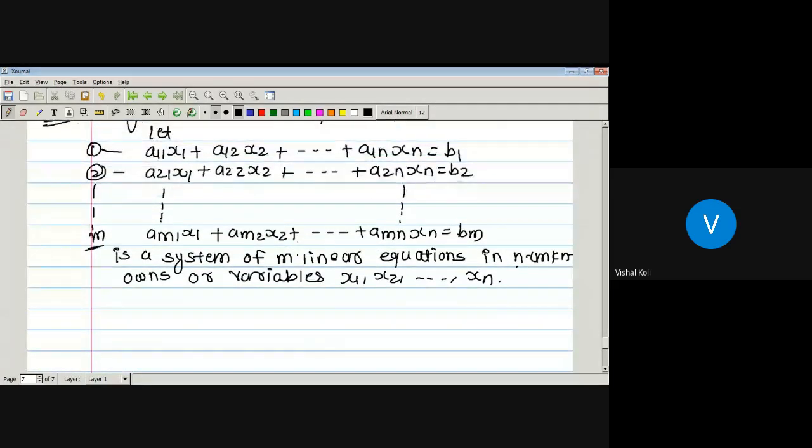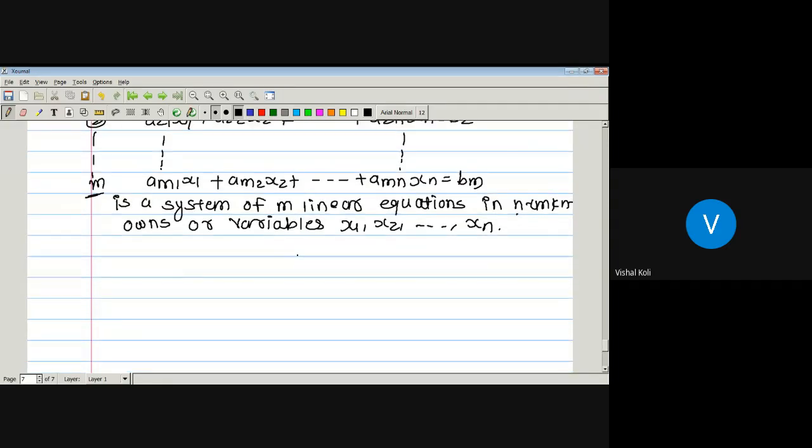Okay, now if suppose we have a system of linear equations in which we have m linear equations and the number of unknowns is n, then this type of system of linear equations can be written in matrix form, which is as follows.